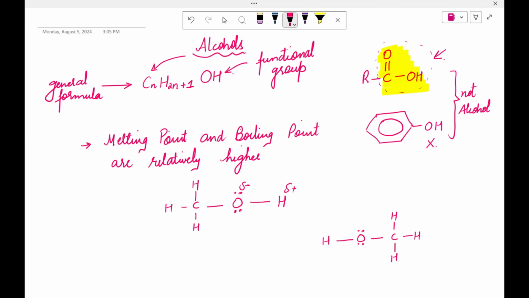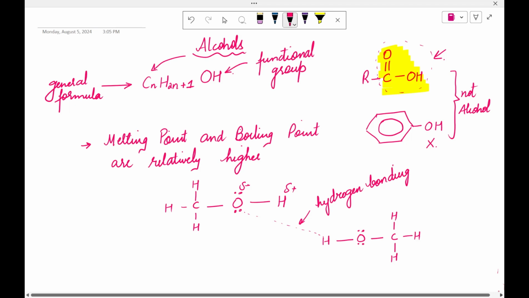The force of attraction between this oxygen and this hydrogen develops the intermolecular forces, which represents hydrogen bonding. That is why we say that alcohols have high melting and boiling points.